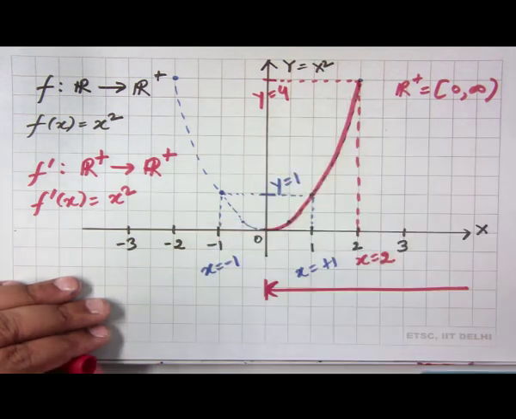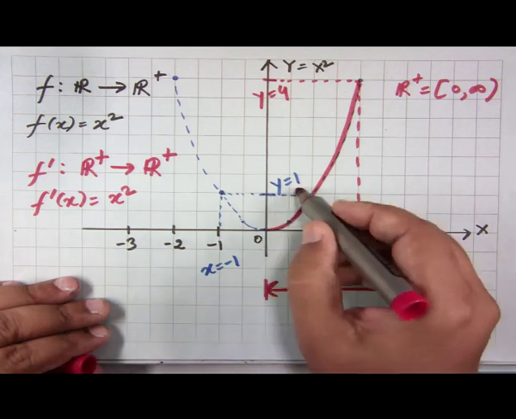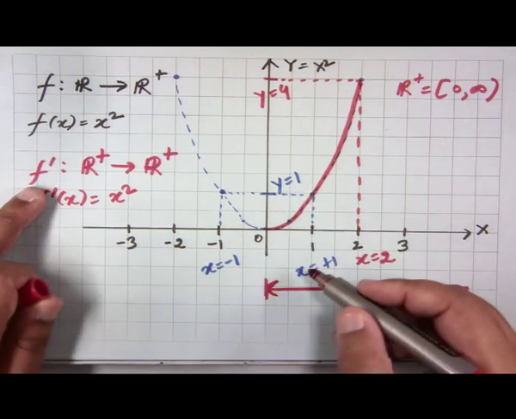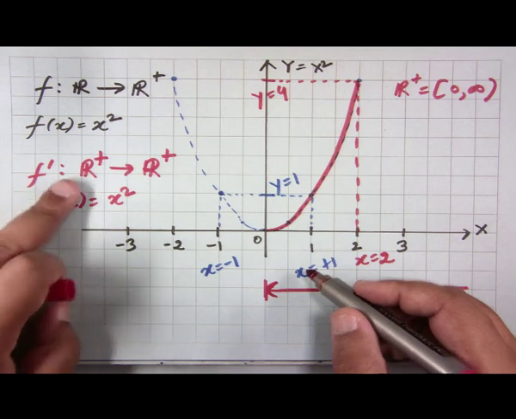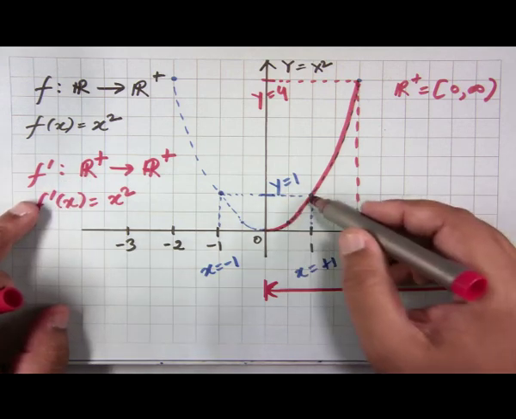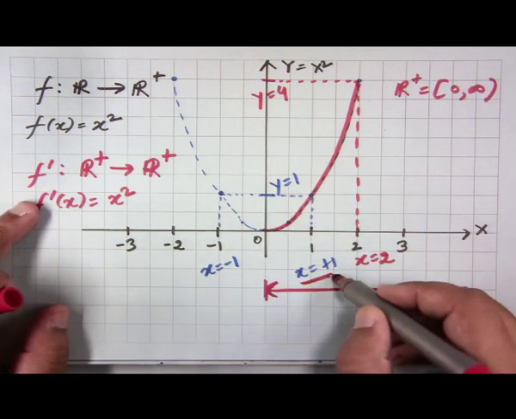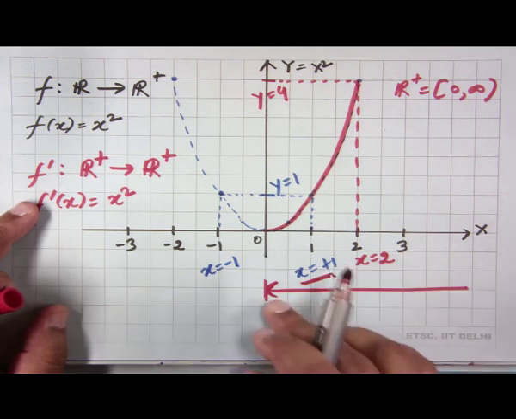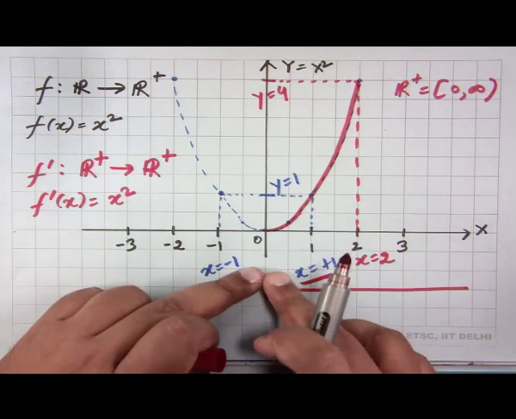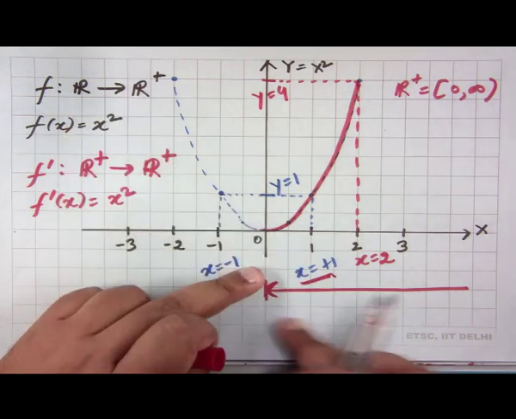In fact, even for y equal to 1, for the function f prime with the restricted domain, there will be only one unique solution, which is x equal to plus 1. And this happens because we have restricted the domain of the function from r to r plus.